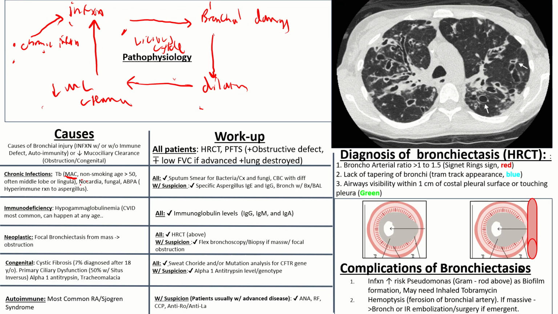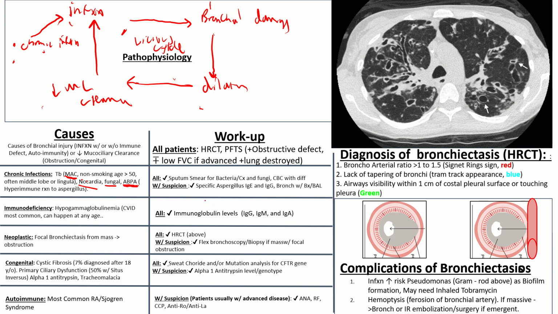Other bacteria that can cause it would be Nocardia, and fungal infections can cause it. Specifically, one that can cause an asthmatic, so we would call this an asthma plus syndrome, would be allergic bronchopulmonary aspergillosis. So that chronic pulmonary infection with Aspergillus, which is worsened by chronic steroids, can cause bronchiectasis from a chronic infection and cause airway damage and subsequently very difficult to control asthma.